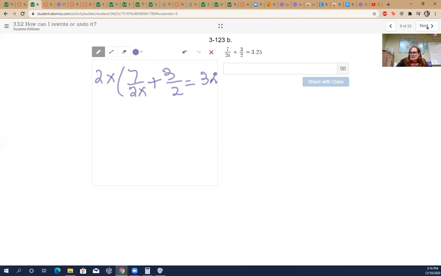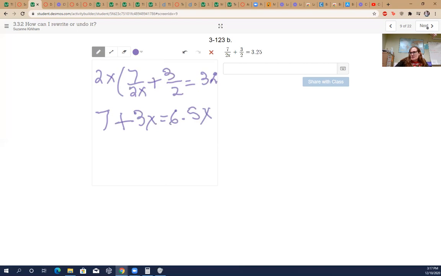So 2x times 7 over 2x. We've got both the 2 and the x, so we just have a 7. Plus 3 over 2. We have the 2, but not the x, so we multiply the 3 by the x, so 3x equals, and we've got 3.25, and we don't have a 2 or an x on the bottom, so we multiply the whole thing by 2x. So 2 times 3.25 is 6.5x.